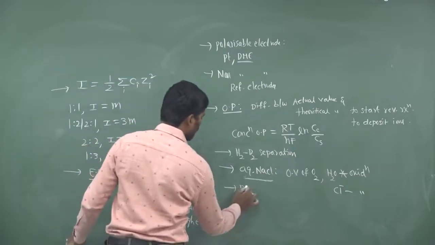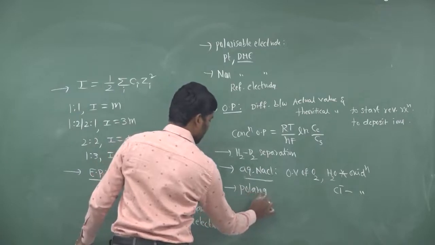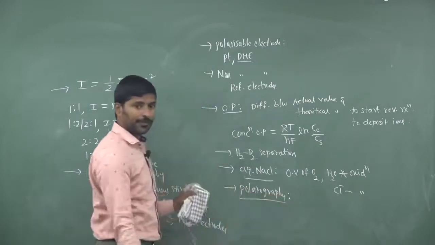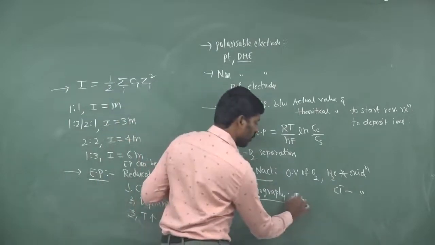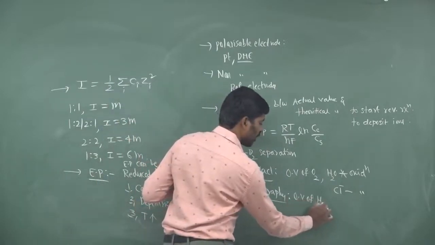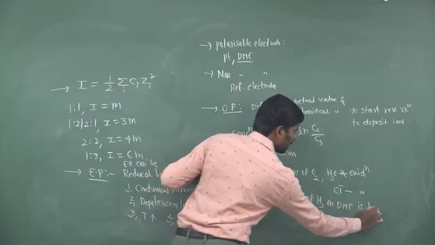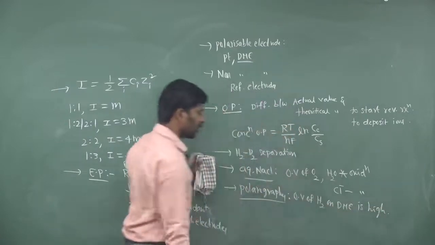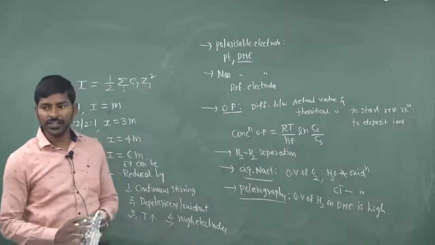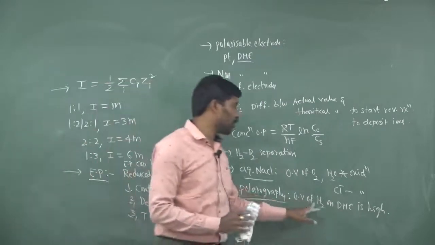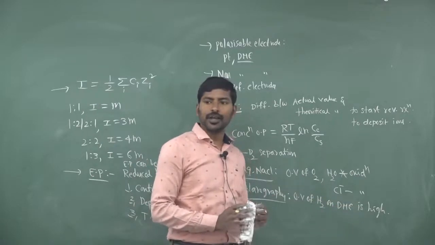In polarography also, what is the advantage of overvoltage? Hydrogen overvoltage on the dropping mercury electrode is high.